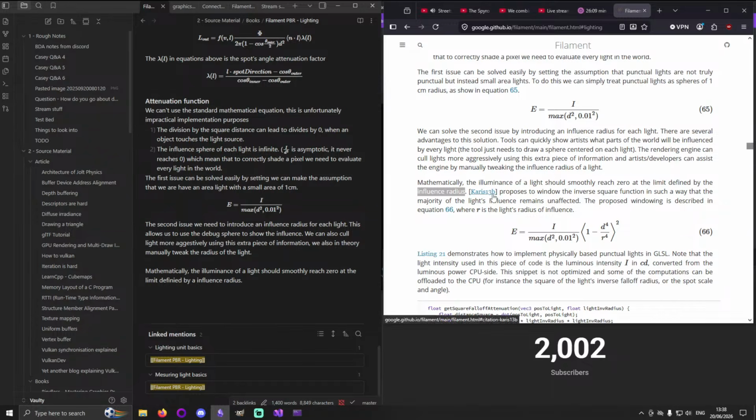Lagarde proposes to window the inverse square function in such a way that the majority of the light's influence remains unaffected.